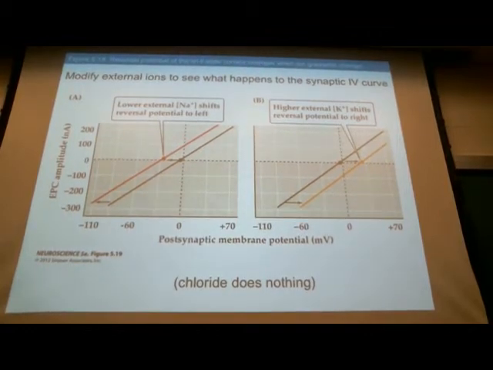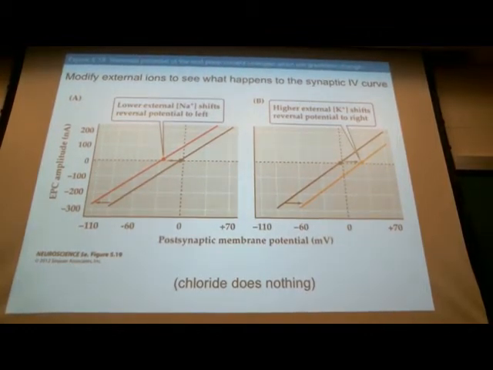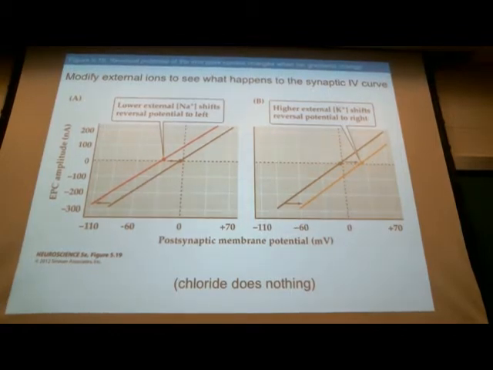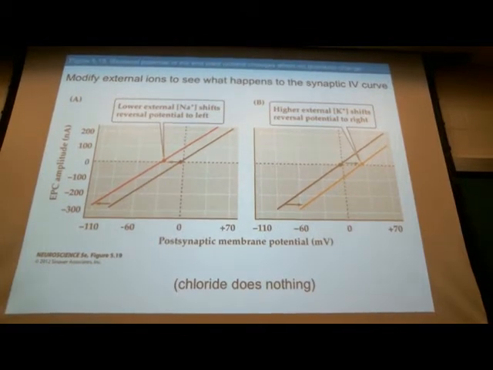When you increase external potassium, the Nernst potential for potassium shifts to the right, and that's what we see. Here's our original control synaptic IV, and when we increase external potassium, it shifts to the right. So from this, we can infer that both sodium and potassium contribute to the ion flow through this channel.